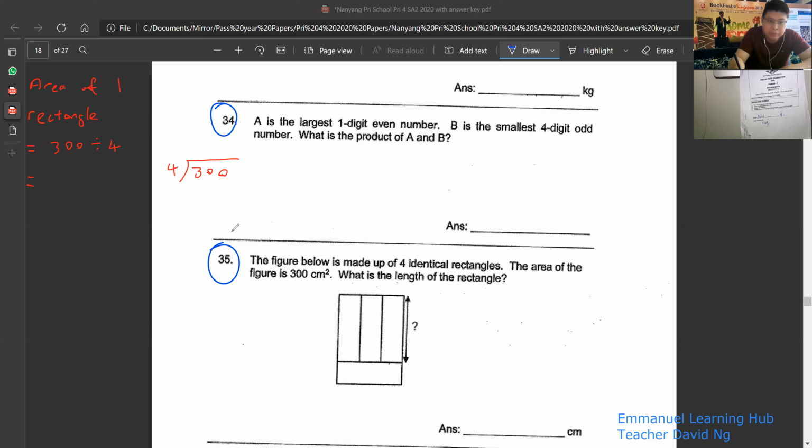How to do this division? You know how to do this division? Can you work out the answer and tell me? 300 divided by 4 is how many? Take out a piece of paper and do 300 divided by 4.